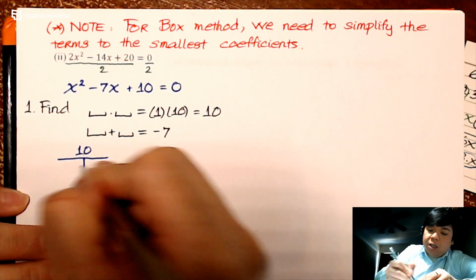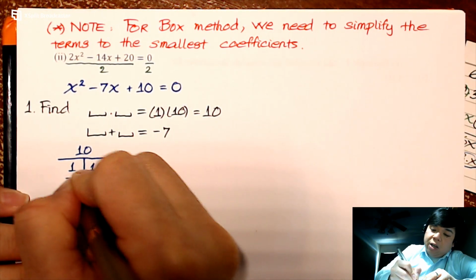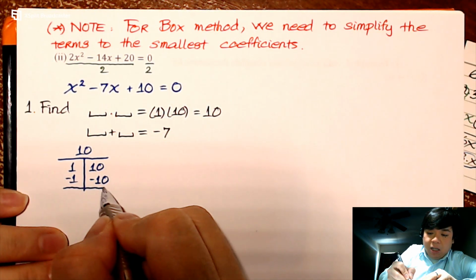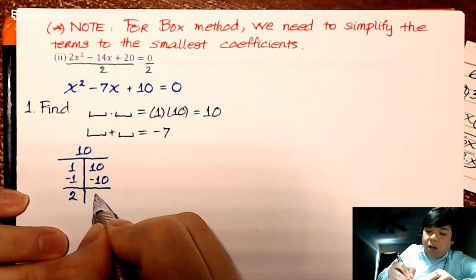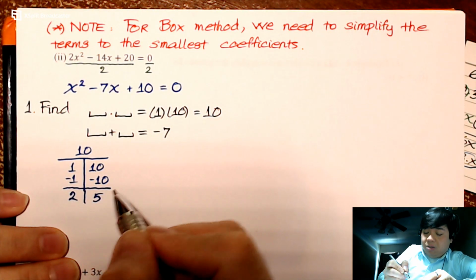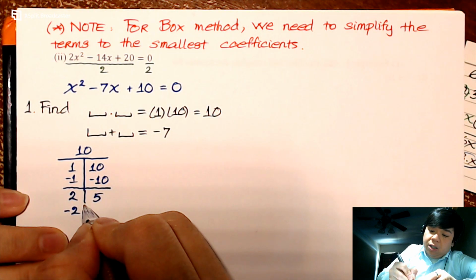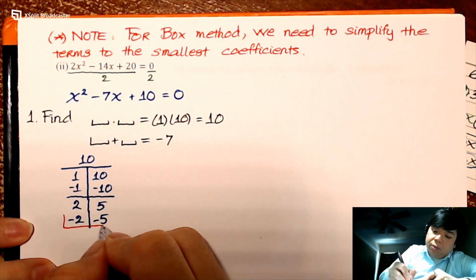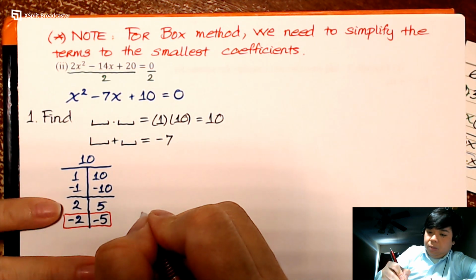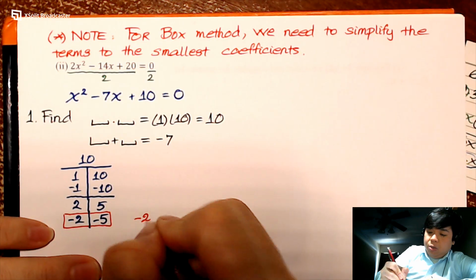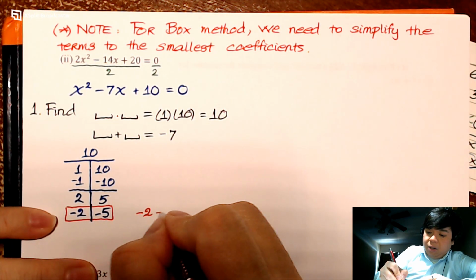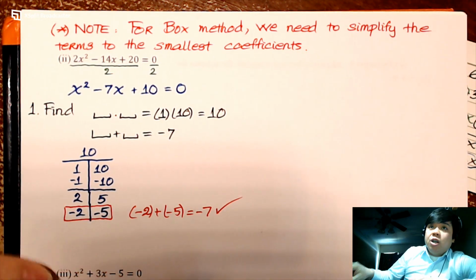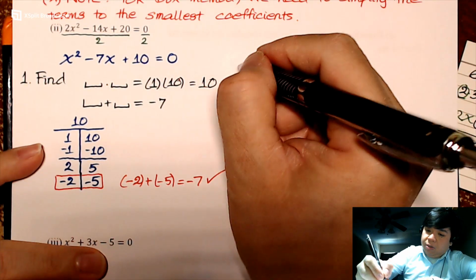To get to 10, 1 times 10, negative 1 times negative 10, none of them add up to negative 7. So that means we have to keep going. 2 times 5 gives 7, but negative 2 times negative 5. Those are the two numbers. Negative 2 and negative 5 add up to negative 7. So the two numbers are negative 2 and negative 5.